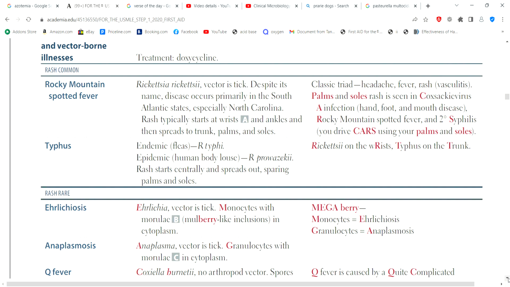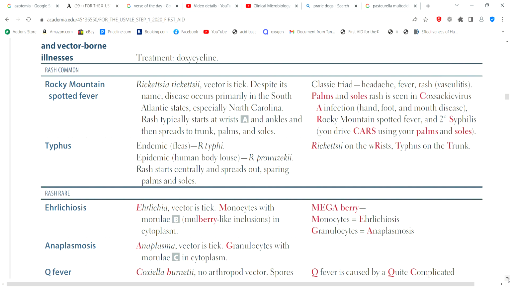The vector is a tick, so it's transmitted by a tick. Despite its name, the disease occurs primarily in the South Atlantic states, especially North Carolina. Rash typically starts at the wrists and ankles and then spreads to the trunk, palms, and soles.